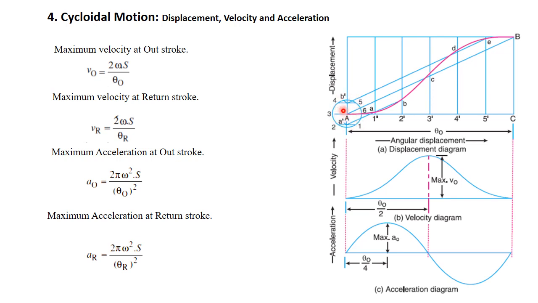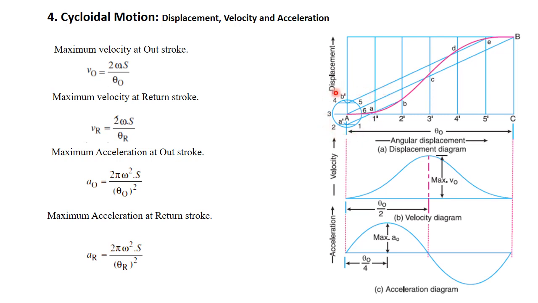So a circle can be kept here and rolled in a manner that it will not slip on this line, and then gradual points can be marked and we will get the same curve. But to reduce the complexity, another method is employed here.